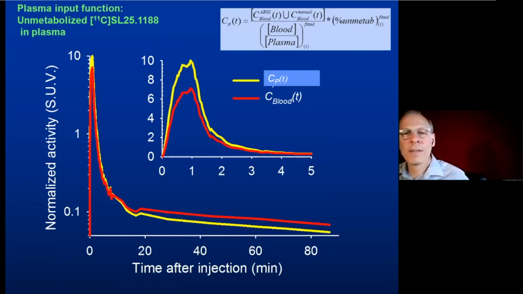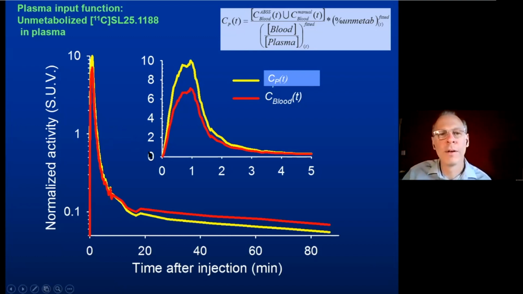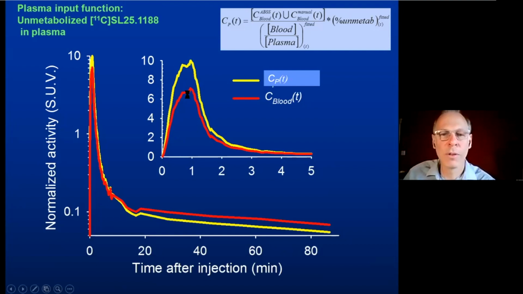So once we do all this processing of the blood, we will have a time activity curve of the radioactivity in blood, here in red, and a time activity curve of the parent compound in plasma, or in other words, the radioactivity in plasma due to the unmetabolized radioligand. Usually, this plot is in logarithmic scale.